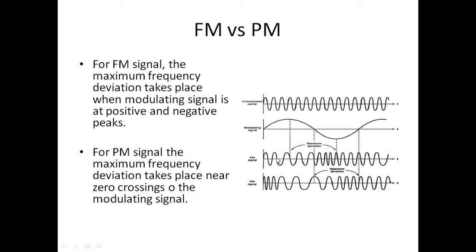In the case of frequency modulation, the frequency of the carrier signal is changed according to the amplitude of the modulating signal. And in this case, the maximum frequency deviation will occur when we have the maximum voltage and the minimum voltage. In the case of phase modulation, the maximum frequency deviation will occur when there is a zero crossing from negative to positive or from positive to negative.